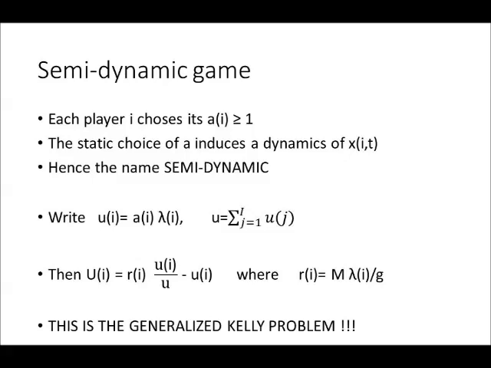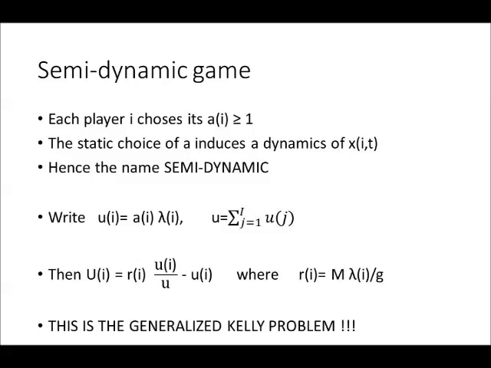So the utility for player I can now be written as some constant Ri times the ratio between ui and u minus ui, where this constant is simply m times the initial popularity before multiplying by AI divided by g.